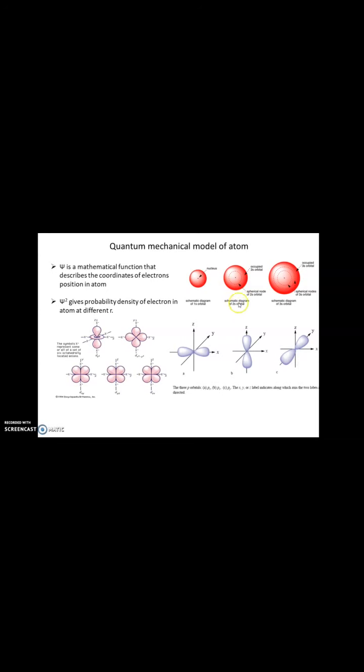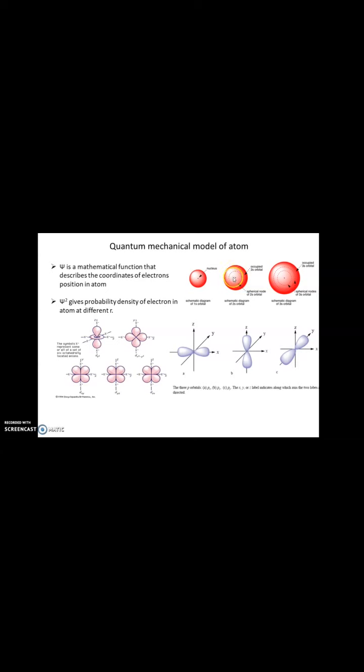In the case of the 2s orbital, there is a node present, because the red marked area is the area where the probability of finding electrons is maximum, and this white region is the region where the probability of finding electrons is almost zero.